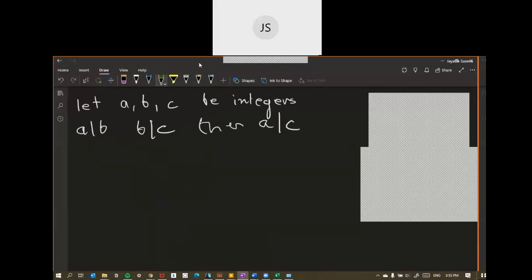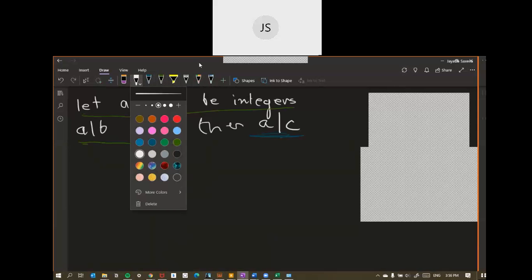We call this property transitivity. So if a property holds for A to B and B to C, then it holds from A to C. You'll learn it later. So our assumption part is this, and our conclusion part is this. So let's begin with our assumption part.